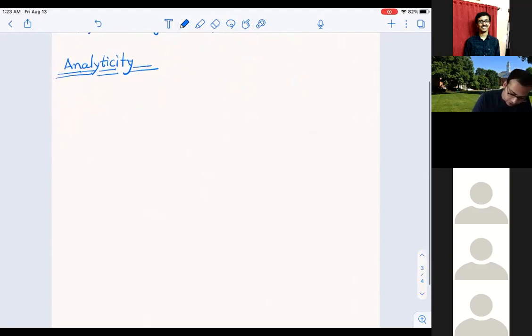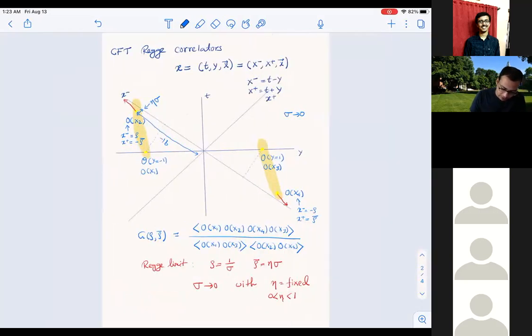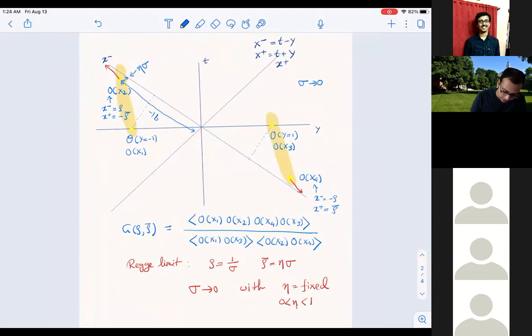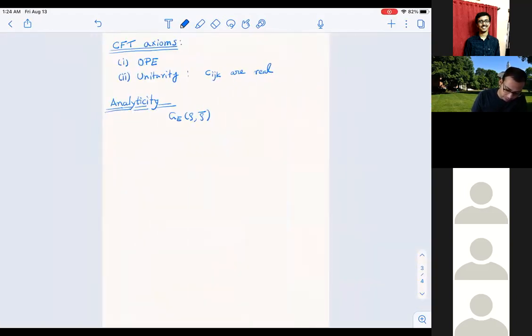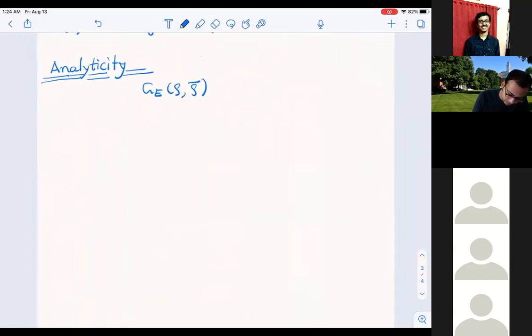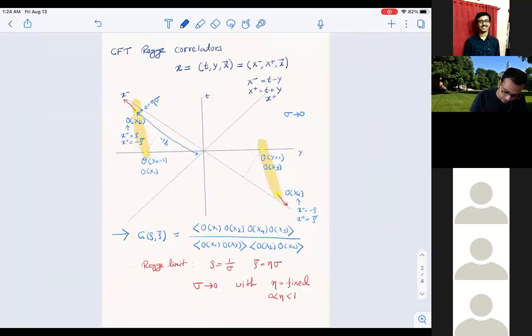So first, let me consider the Euclidean correlator, which is basically this correlator, but in the regime, so pictorially, let me see.